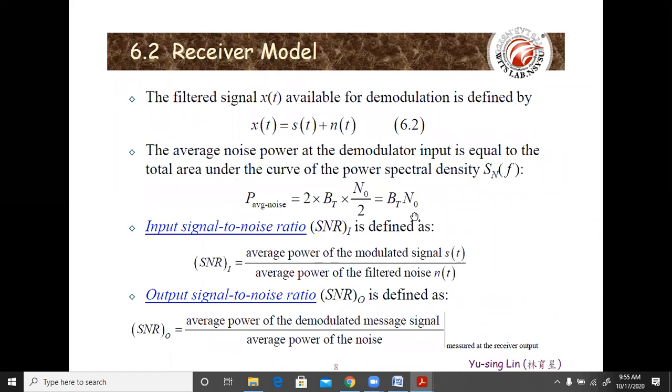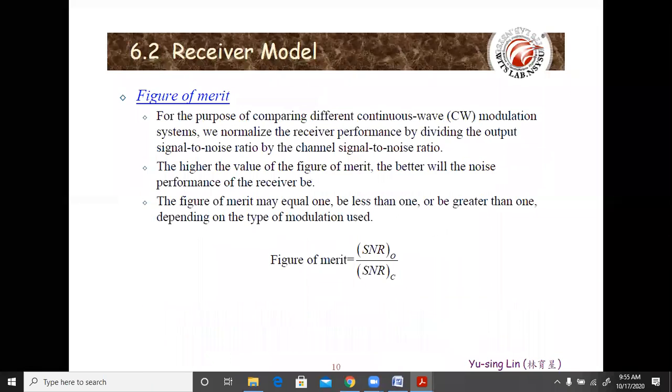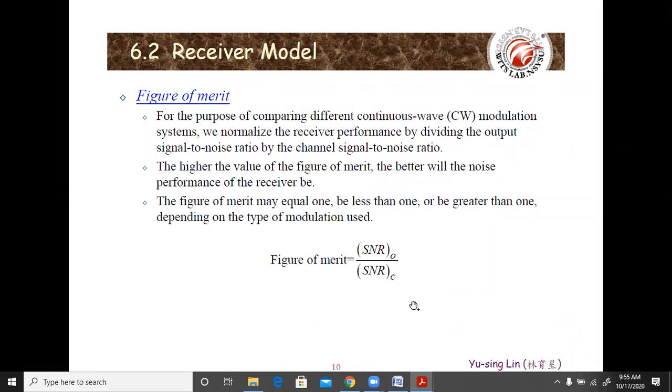Whereas SNR0 is the average power of the demodulated message signal divided by the average power of the noise. So SNR0 divided by SNRC is the figure of merit. SNRI is not considered in the figure of merit.